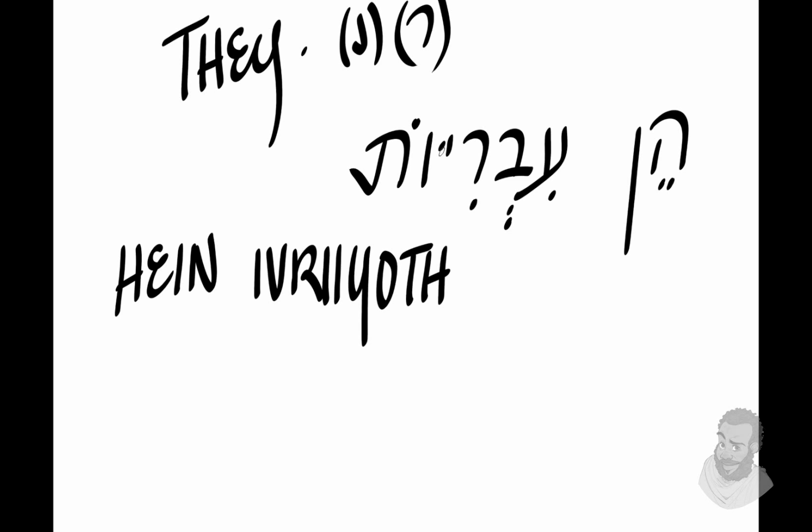Again, for those who may be transitioning between modern Hebrew and classical Hebrew, modern Hebrew washes this out. It doesn't really go for this because it's not upheld. Classical Hebrew, yes. Hin Ivriyoth.